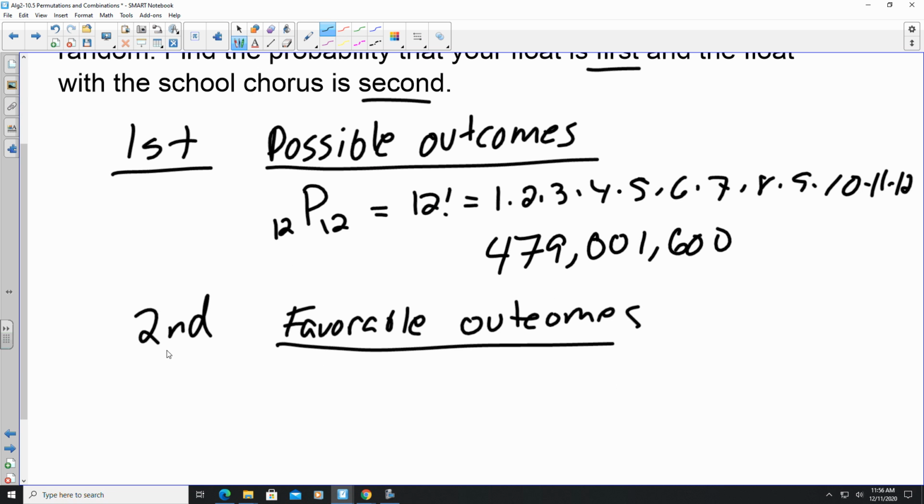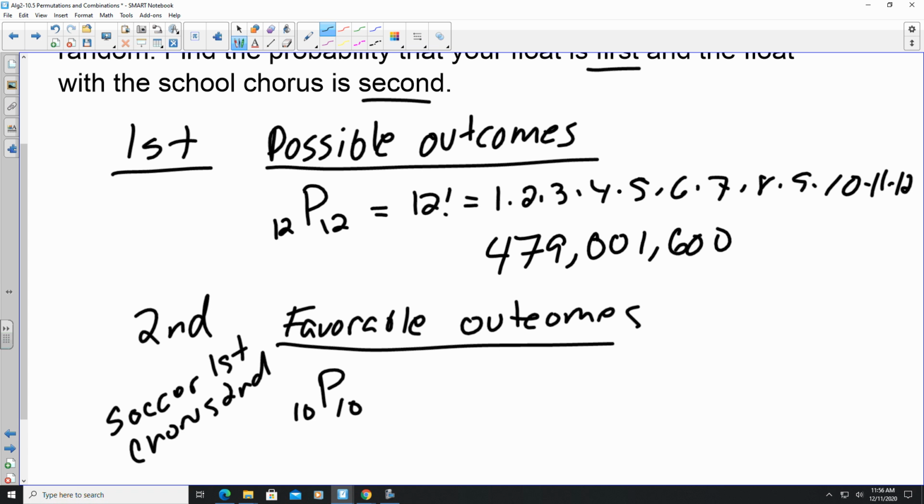So what we're looking at is a permutation where we now have 10 objects and we're arranging them 10 different ways. The reason we took out the 2 is because we want the soccer team to be first and the chorus to be second. So we're automatically saying, all right, soccer's first, chorus is second.